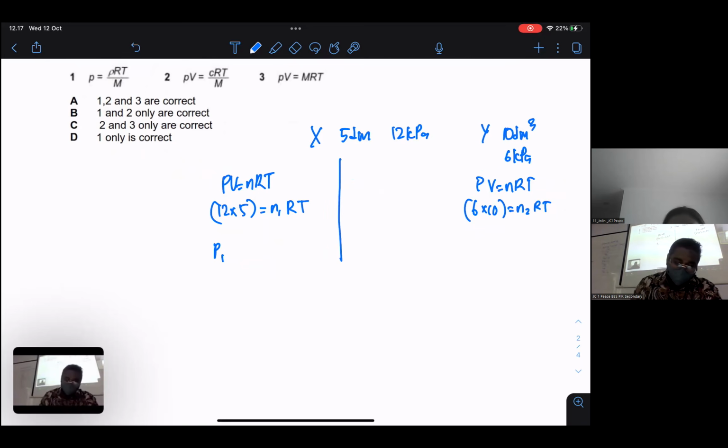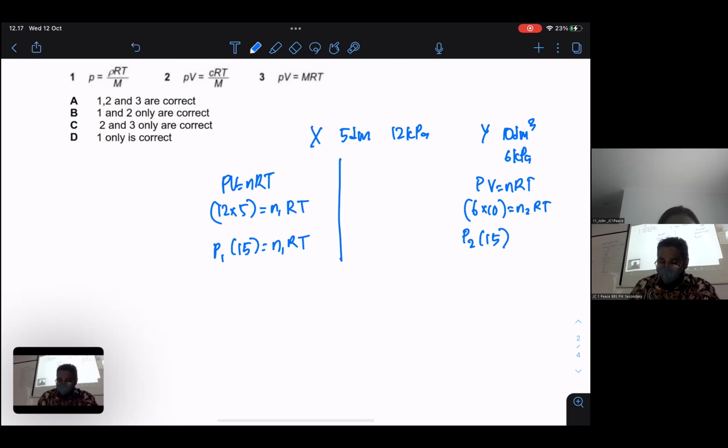P1, the volume now is going to be 5 plus 10, so 15. Then still n1RT. So here, this is going to be P2. P2, the volume is going to be 15 when you add, then it's going to be n2RT. So what you need to do is combine both of them together, and you will get 60 divided by P1, 15 equals 1.